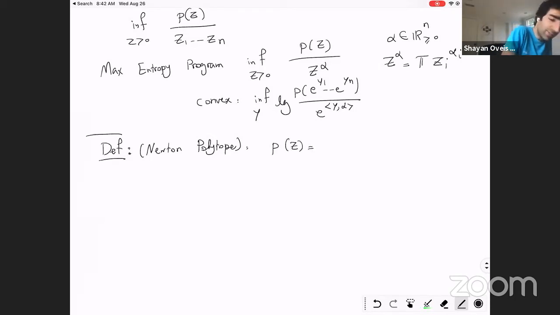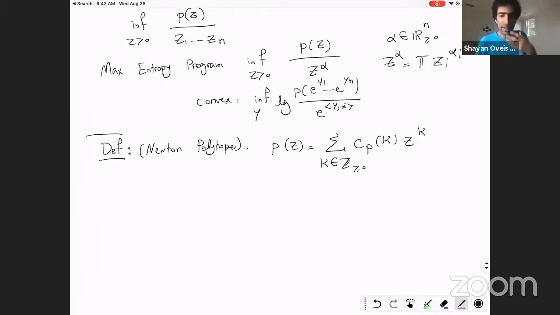Let's say I write it this way: I write it as the summation of c_P of kappa times z to the kappa, where kappa is in the non-negative integers. So I write c_P of kappa to denote the coefficient of z to the kappa in this polynomial.